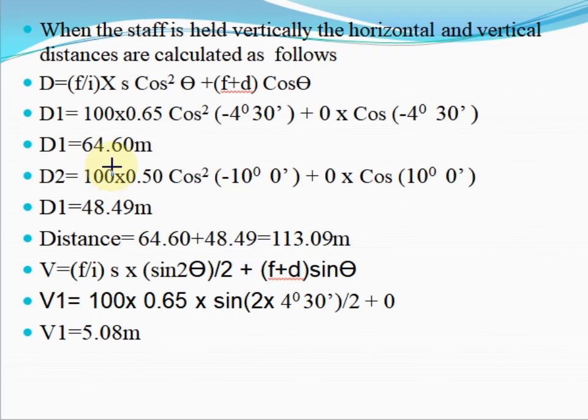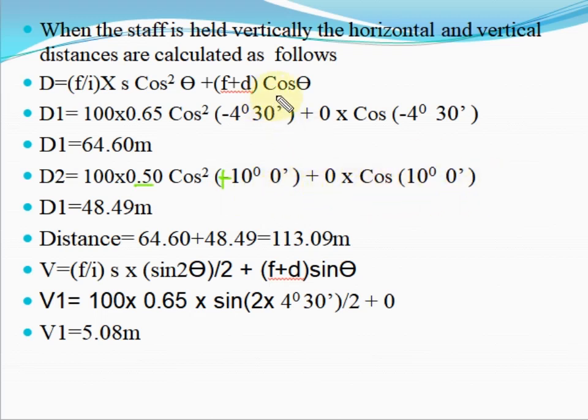Then D2 is equal to 100 into S2 cos square theta. Here the sign is positive, 10 degrees given, plus 0 into cos theta.